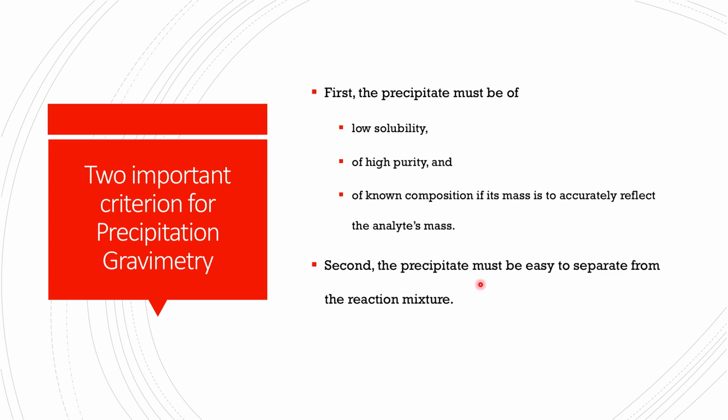Secondly, the technical aspect. The precipitate that is formed is of low solubility, high purity, and you know exactly the composition. Now, the second technical thing that you need to remember is that it should be possible to separate the precipitate from the reaction mixture pretty easily. If that is not happening, then the whole gravimetric analysis would go wrong. So apart from the physical and chemical properties of the precipitate, another important factor to keep in mind is separation: there should be an easy and convenient way to separate the precipitate from the reaction mixture.